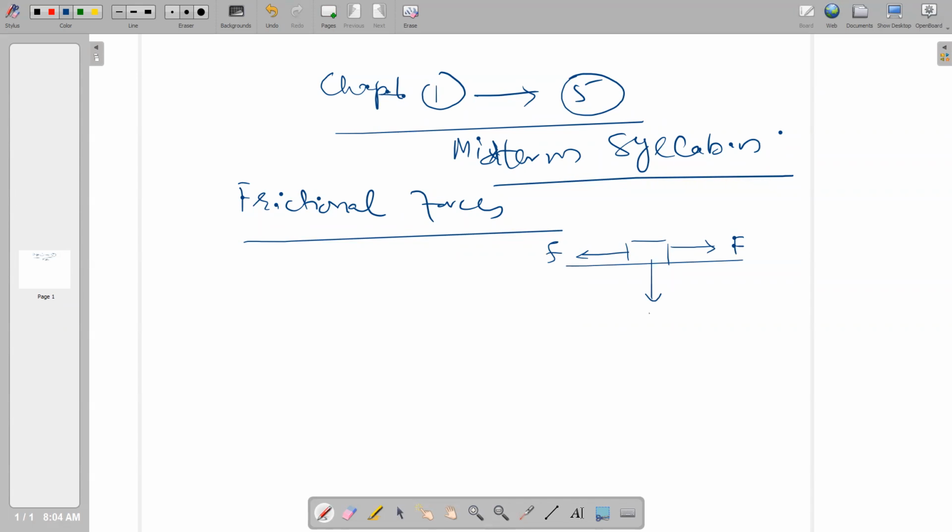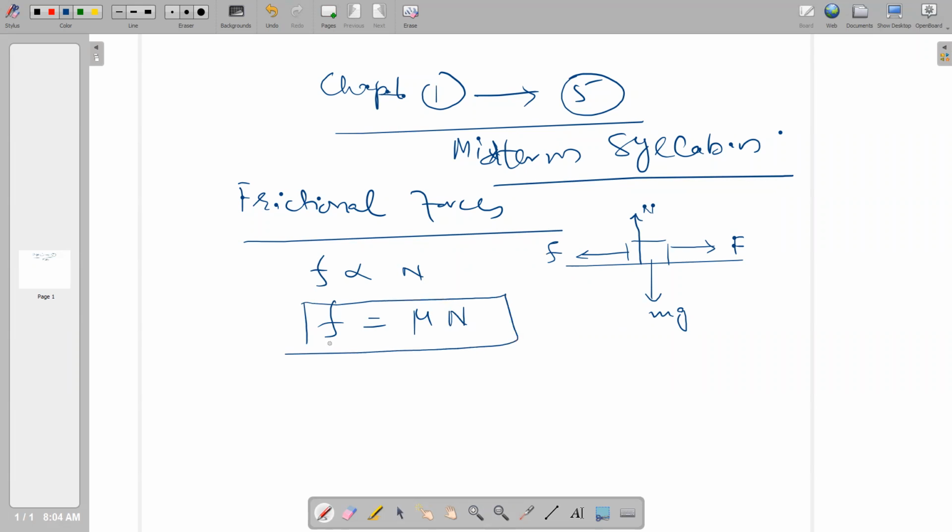And this is the weight, and this is the normal force. Last time we have seen that F is proportional to the normal force, and F is equal to mu into N. This is the general formula for the frictional force.